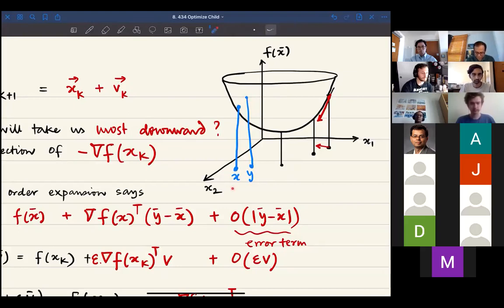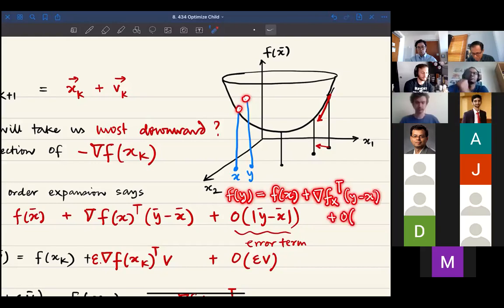Taylor's expansion says f(y), which is this point, equals f(x), which is this point, plus delta f(x) transpose (y minus x) plus some order of (y minus x). So what does that mean? It means if I take this f(x) and to that I add the gradient of f(x) times y minus x, which is this y minus x, plus some error term, then I will get f(y).